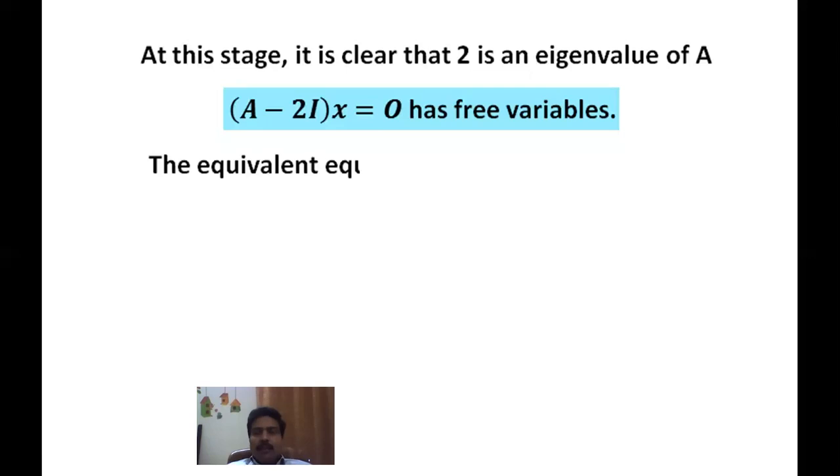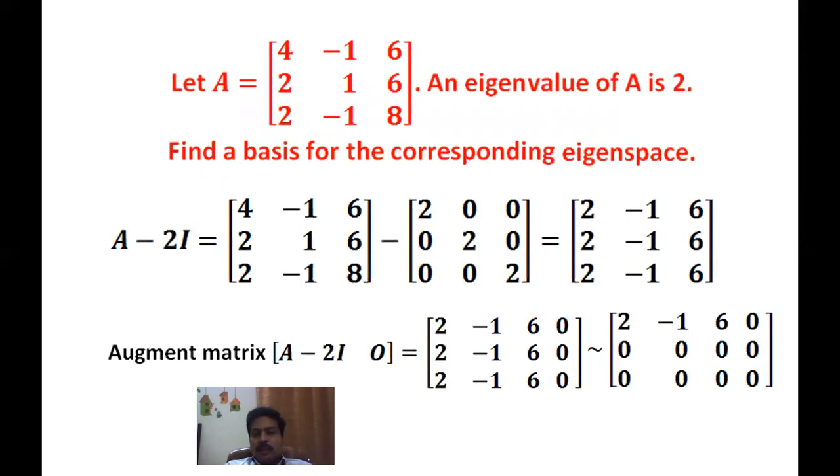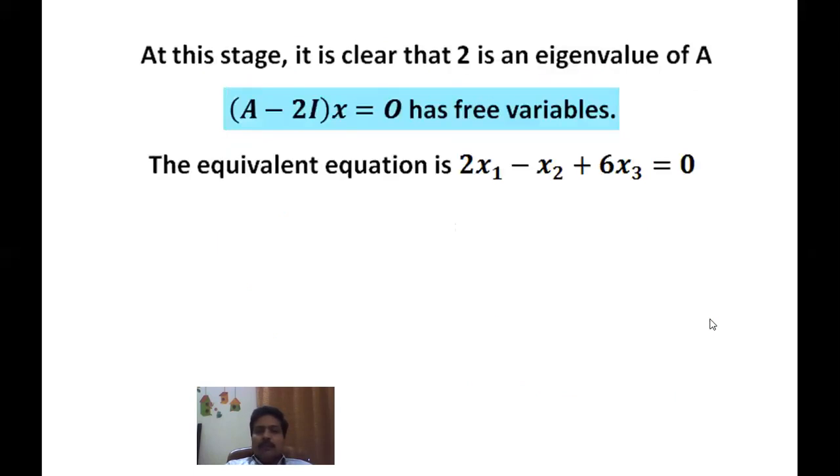So we can convert that matrix equation into an equation form, and the equivalent equation is 2x1 minus x2 plus 6x3 equal to 0.